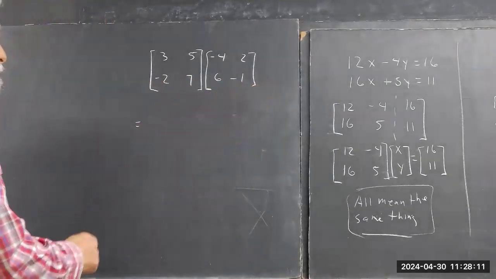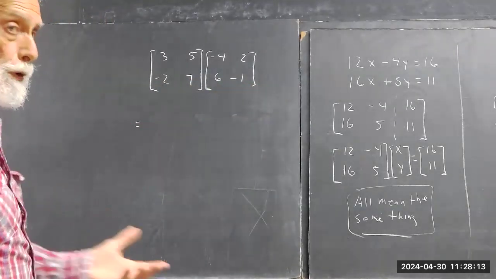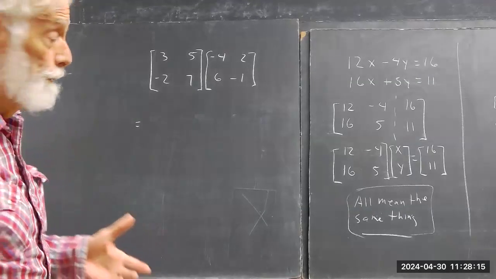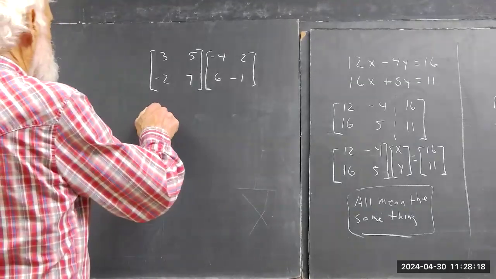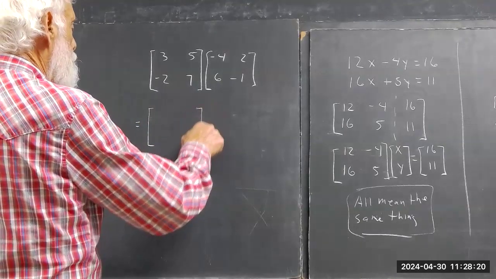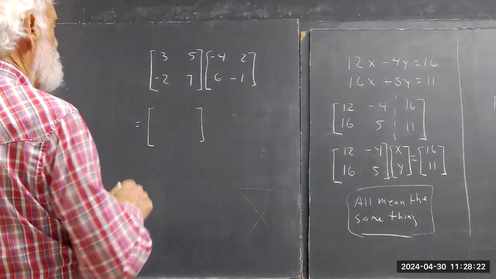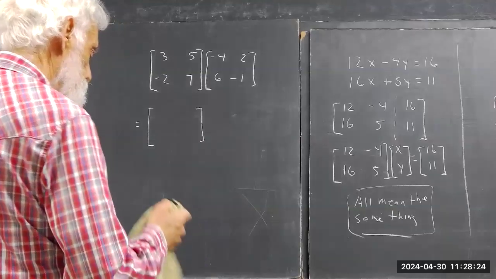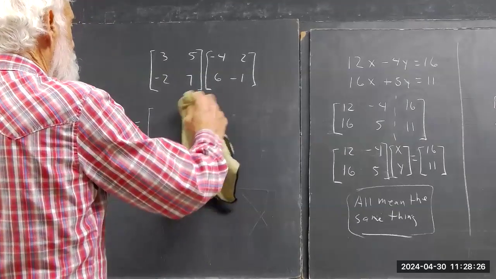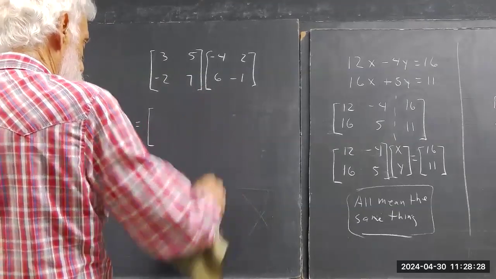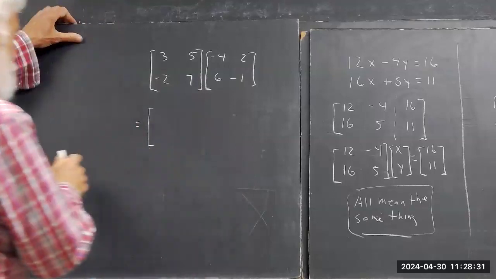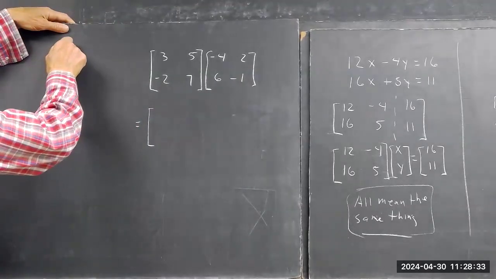So what we got here is we multiply rows by columns. So let's just start by multiplying the first row by the first column. I'll just note that over here.